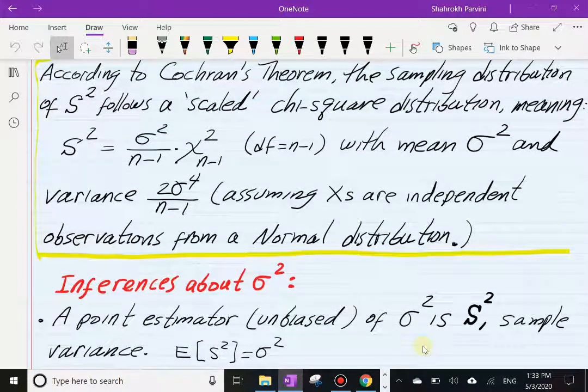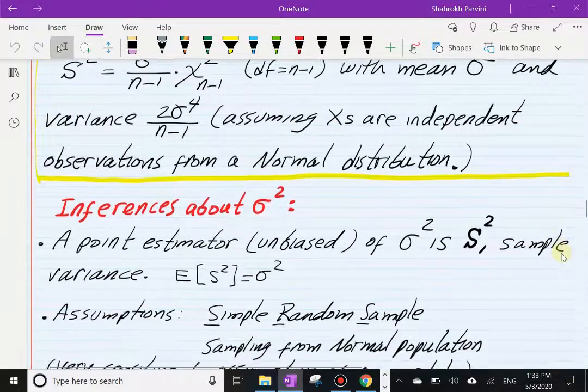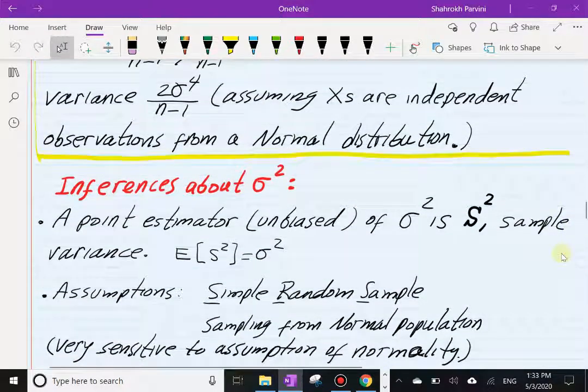That means the expectation, E here stands for expected value, the expected value of S squared is going to be sigma squared. That's what unbiasedness means. Now, we have a couple of assumptions here before you see this formula. One is the usual assumption: we have a simple random sample with replacement from a finite population, or without replacement from a very, very large population. Removing a few items from it is not going to change the probability distribution or probability of subsequent selections.